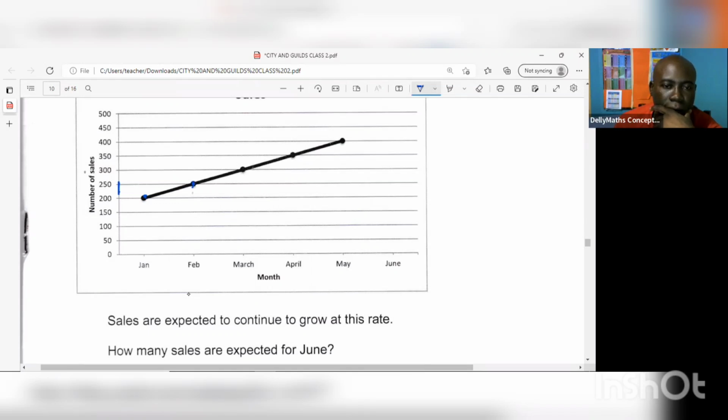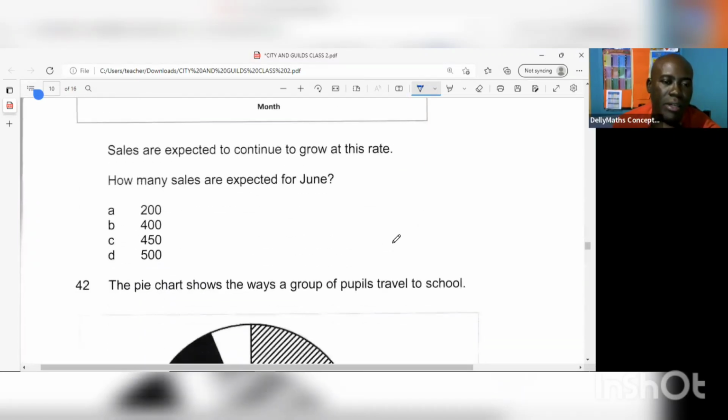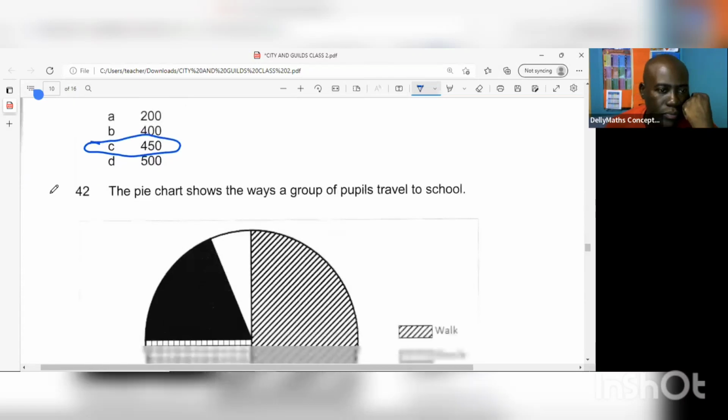Between February and March, it's going up by 50 again. So I'm expecting by May to June, it to go up by 50, just the same. So it's going to be 450. I'm expecting 450 in June.